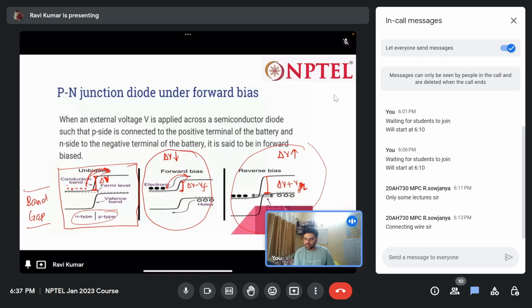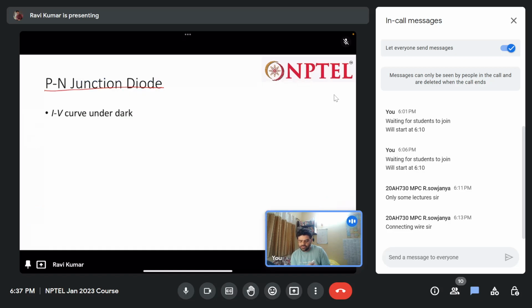Now let's move to the next thing, which is a very basic one, the PN junction diode IV curve under dark. I am writing under dark because this course is about photovoltaics, and PV cells are nothing but a PN junction diode under illuminated conditions, or under light.